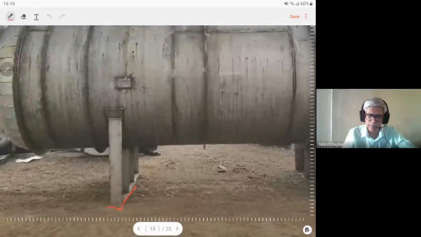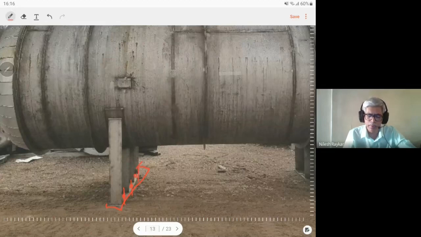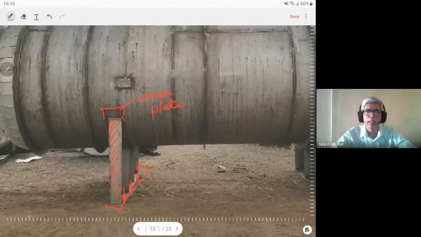So this is the base plate on which you will have the anchor holes, and anchor bolts will be grouted into the foundation. And then you have the steel structure. And for reinforcing the region, you will get what is known as a wear plate, which, like the reinforcing plates in the nozzle design, provides additional strengthening in this local region.